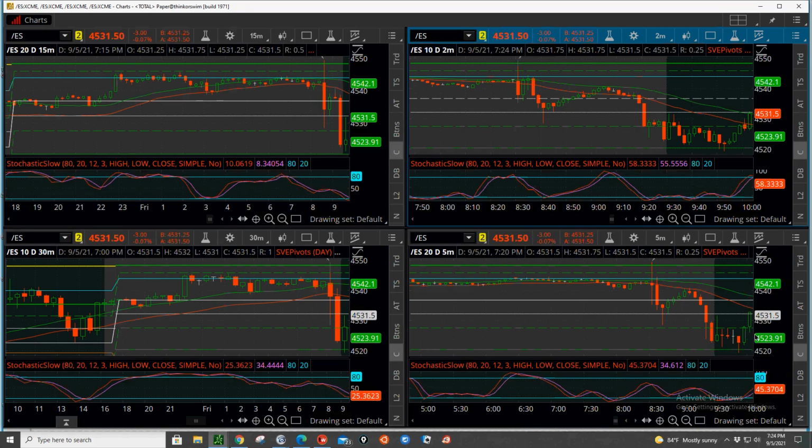If your indicators are working for you, meaning your indicators are actually helping you make money, let them guide you to be in your trade or out of your trade. Bottom line, and that's only if your indicators are working for you. Because if your indicators are not working for you, you're losing money. And if your indicators look like they are working for you and you're still losing money, call us and let us help you see what's going on with you.